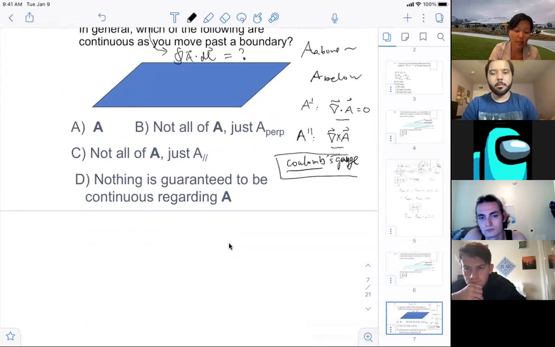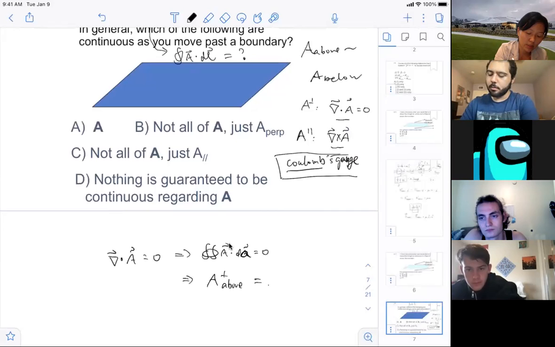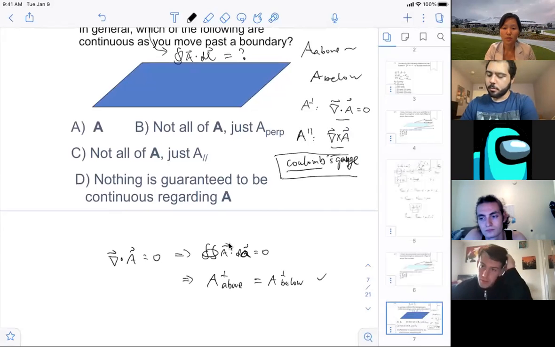So you all agreed on the A perp, which is derived from this, and that is equivalent to saying A dot the area is 0, and that is equivalent to saying A perpendicular above is equal to A perpendicular below. Okay, very good. So what about the parallel component?